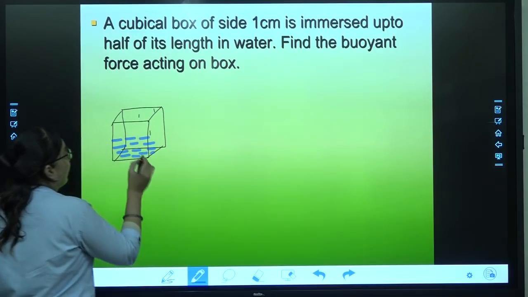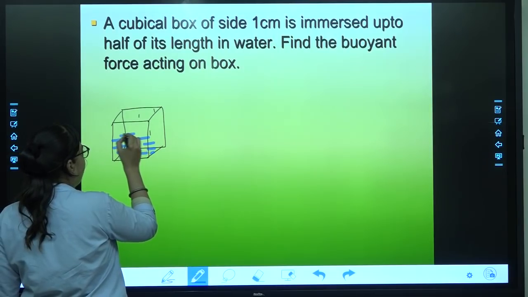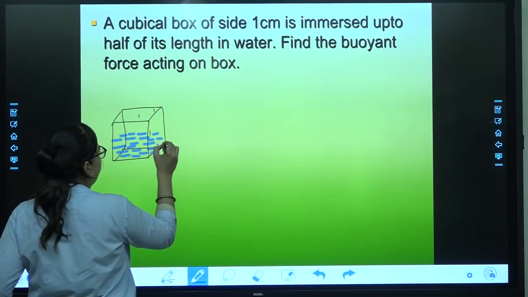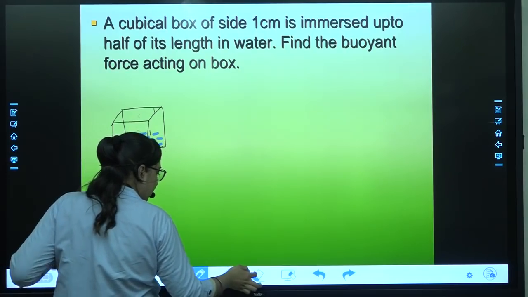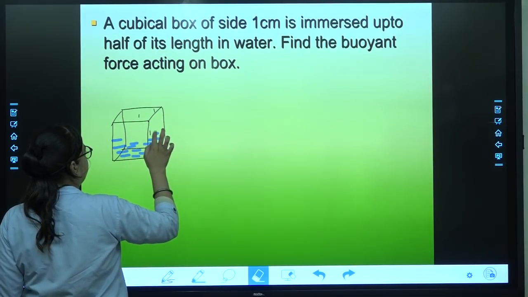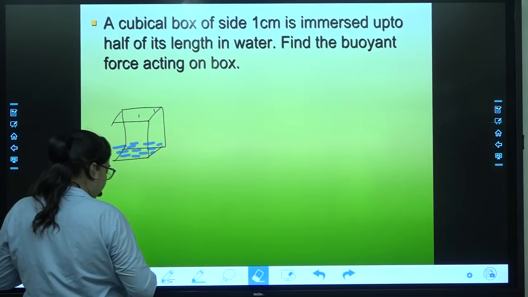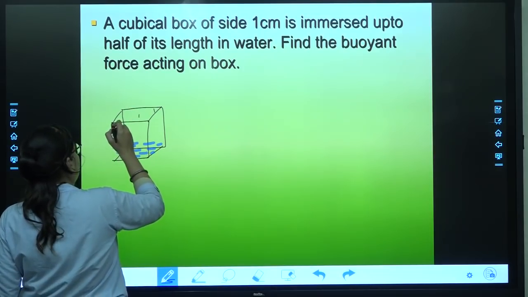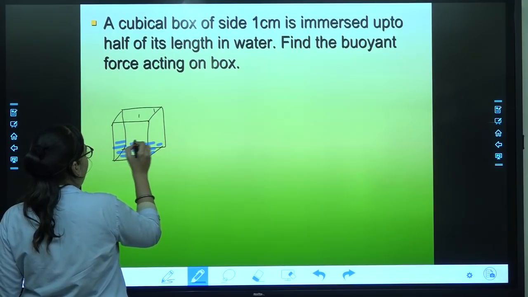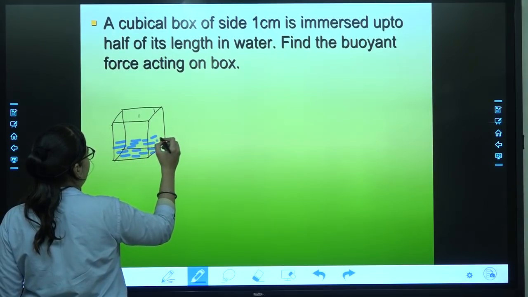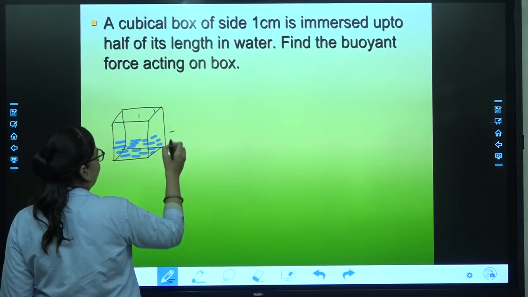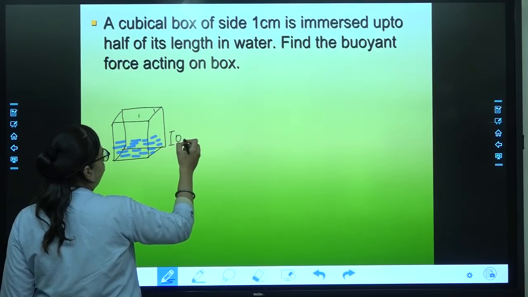That means in this cubical box there is water for about 0.5 centimeter. Alright, this is how there is water totally filled, up to half of its length, that is about 0.5 centimeter.